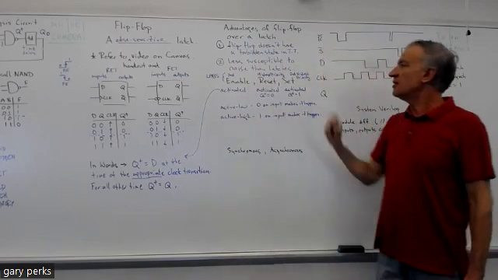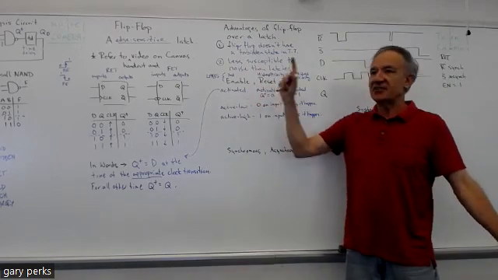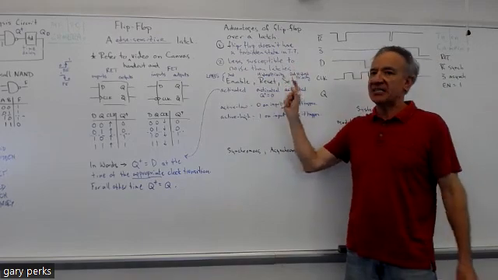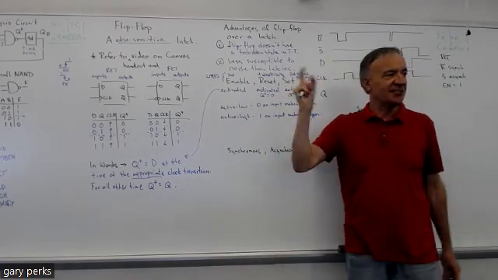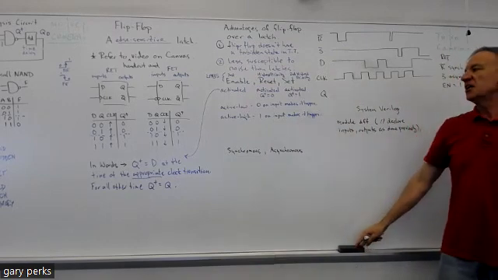So all of these inputs can either be active low or active high. You can have active low enable, active high enable. You can have active low reset, active high reset. You can have active high set, active low set. All those inputs can be either of those.